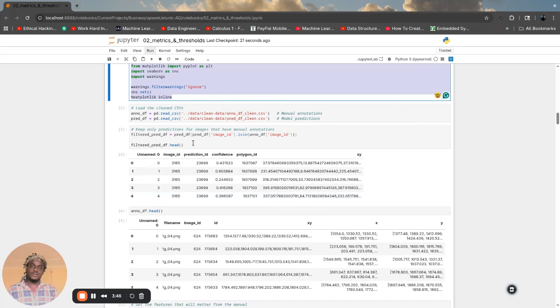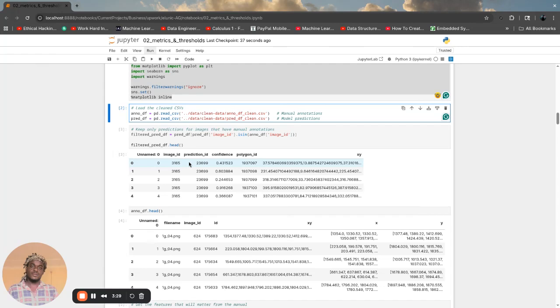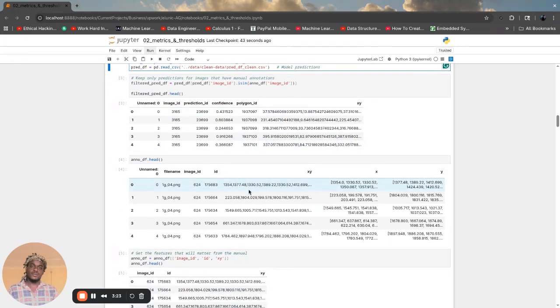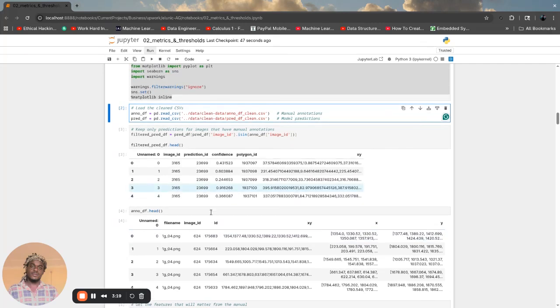Okay, I had to match the image ID from the manually generated defects and the system generated defects, so that you find if the system predicted actually favored the system. I had to match the defects.